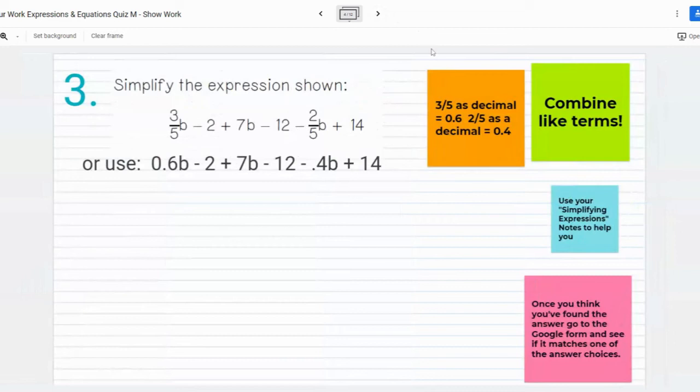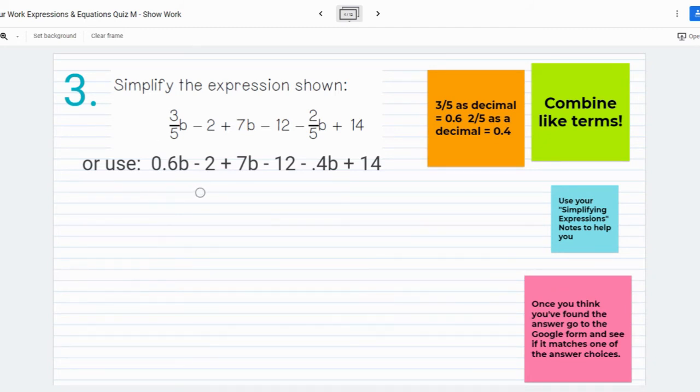Question number 3 wants you to simplify the expression shown. Again, I took these fractions and converted them to decimals for you, because it told us in this particular problem to use the decimal form of these answers and not do fractions. So you want to combine the like terms.